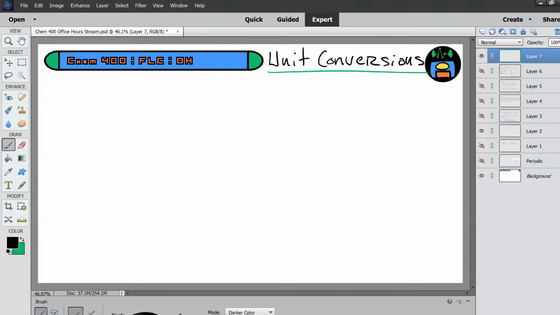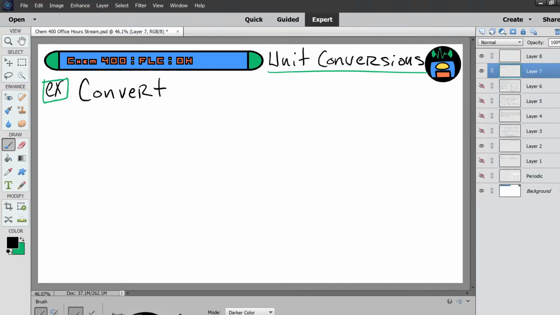So, let's convert, I don't know, let's do 15.6 centimeters to meters. All right.